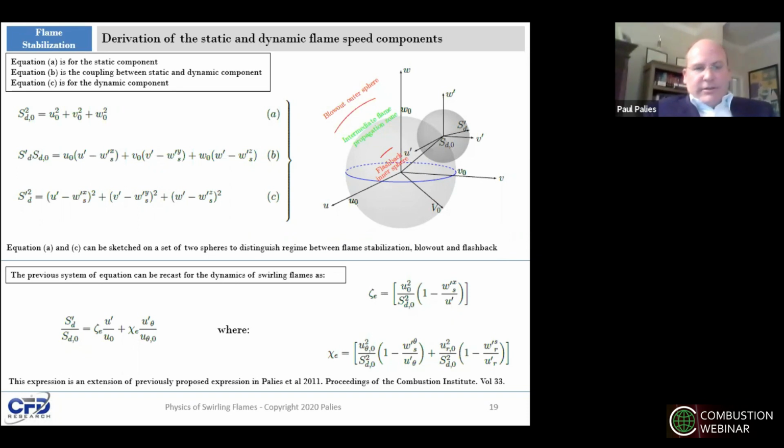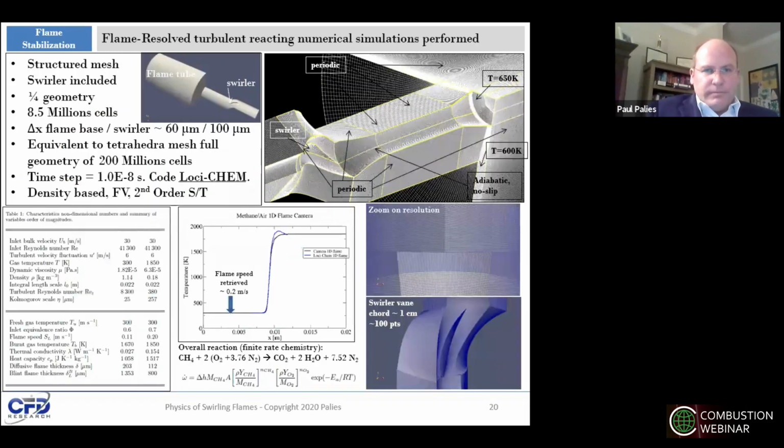And we will see later in the presentation that this coefficient K and XC can also be determined analytically. I will show that after.